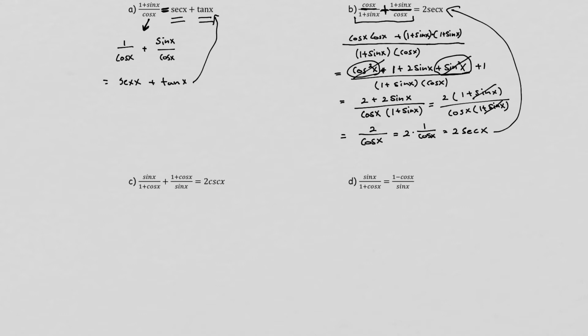Since C is similar to B, I will skip that and do D, right? So if I work on this problem, starting with the left side, I have sine x over 1 plus cosine x. I mean, I cannot do anything, right?